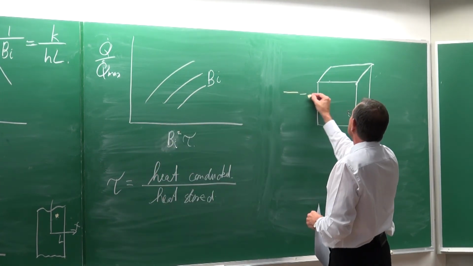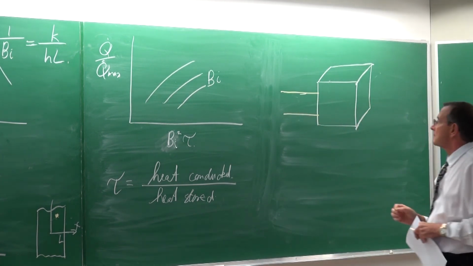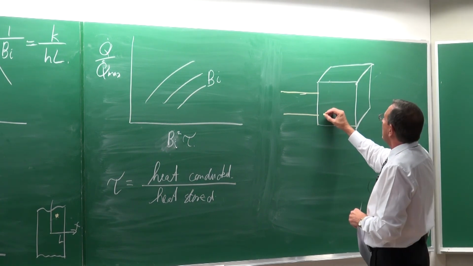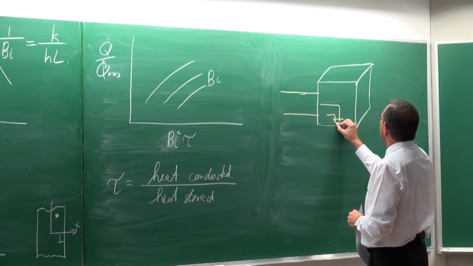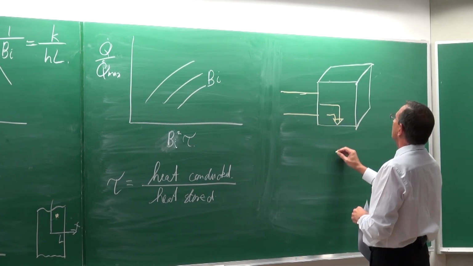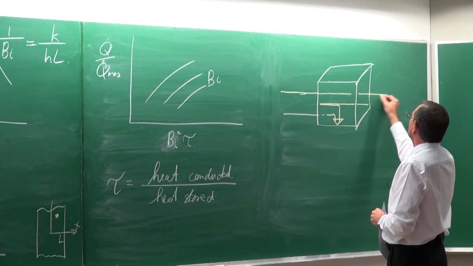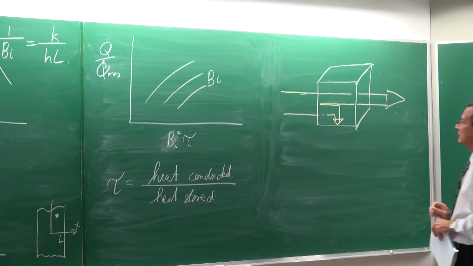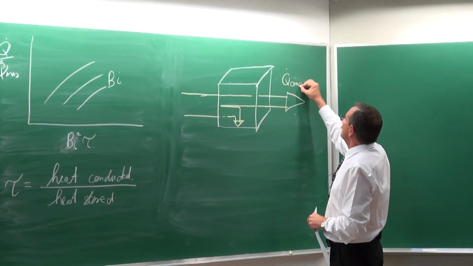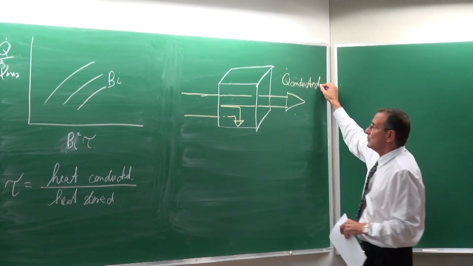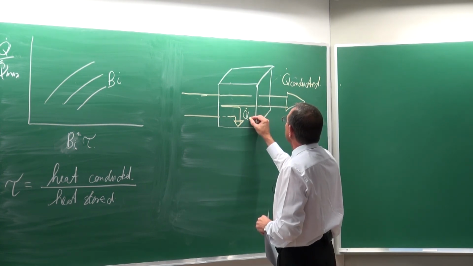And that is the heat transfer rate going into the body. Okay. And going to draw it like that. Okay. So this is the heat transfer rate which is conducted through the body. It is going through. And this is the heat transfer that is being stored on the inside.